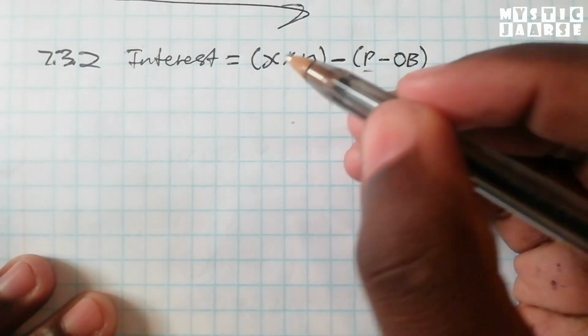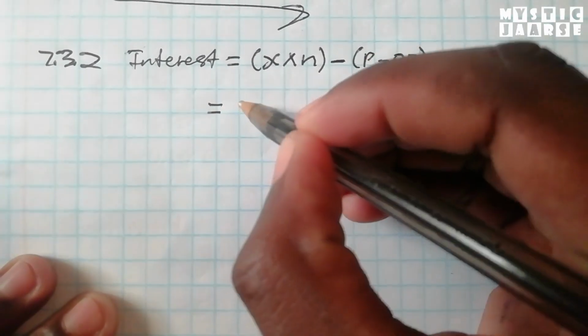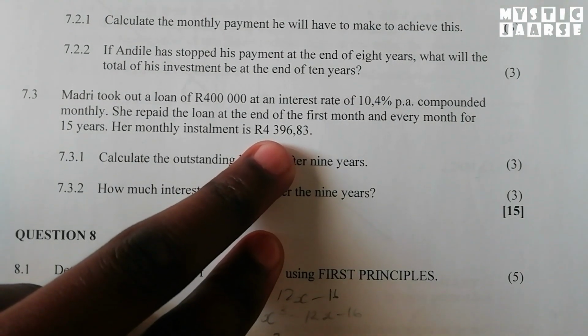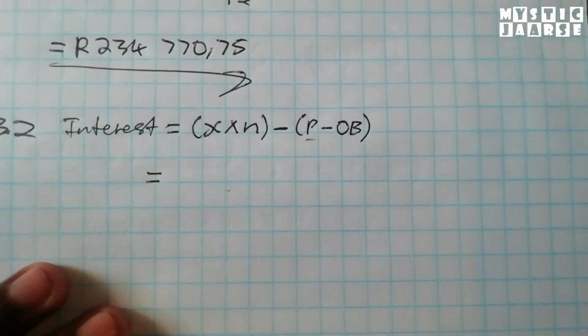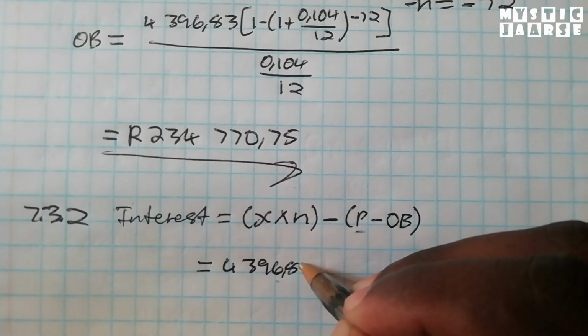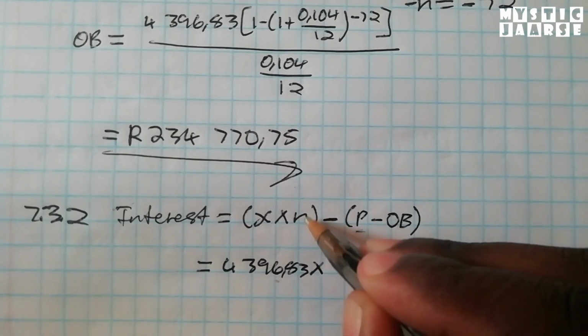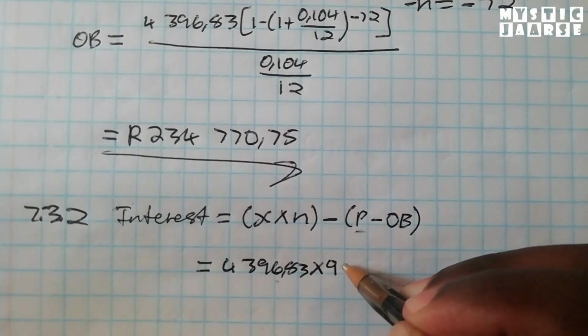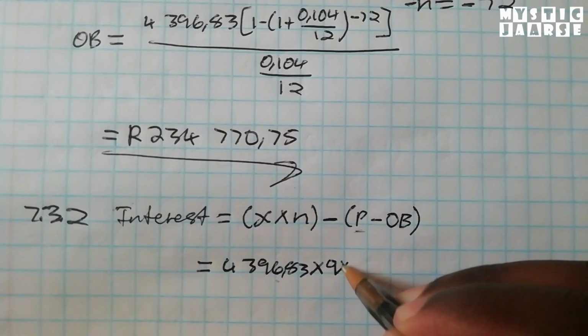Yes. So we have Madri makes payments of 4,396 rand 83 cents to settle this loan. So we have 4,396 rand 83 cents multiplied by the number of payments. She paid for 9 years, right? And each year she was making payments each month.